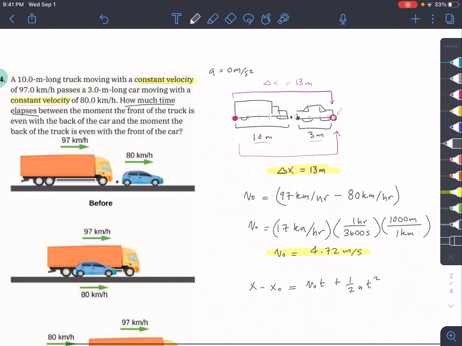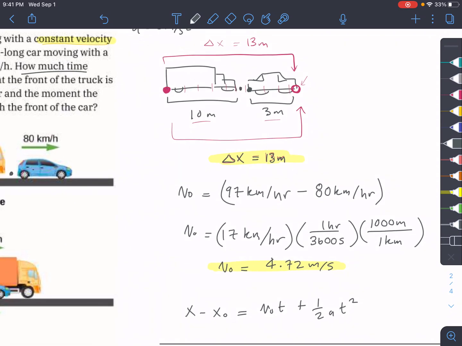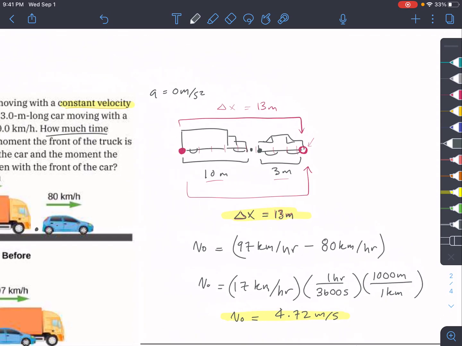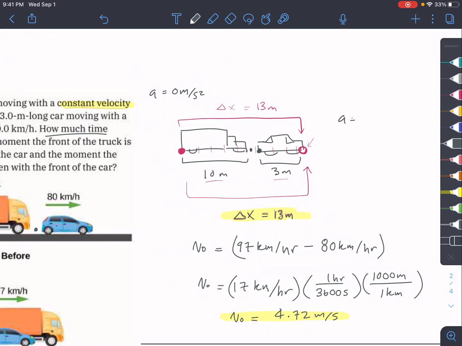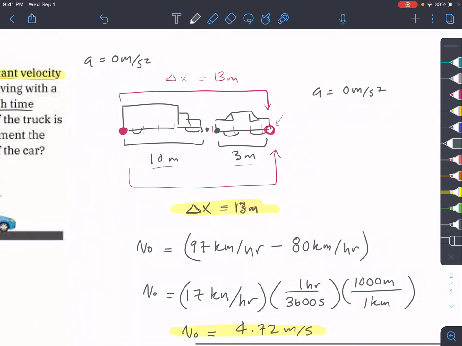And then I also have one more thing. Because I know that velocity is constant, I know that my acceleration is going to be equal to 0 meters per second squared. Okay, why is that? So if I take the derivative of velocity as like a constant, so that's what acceleration is, right? Acceleration is equal to the derivative of the velocity with respect to time.